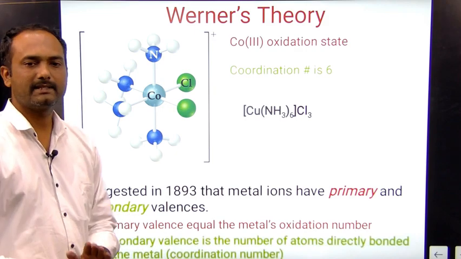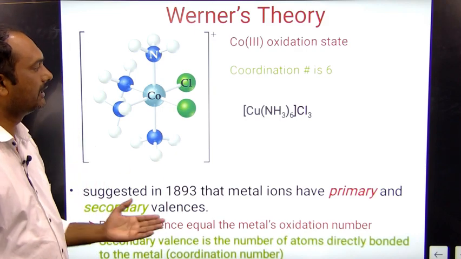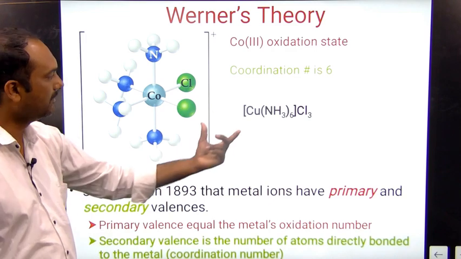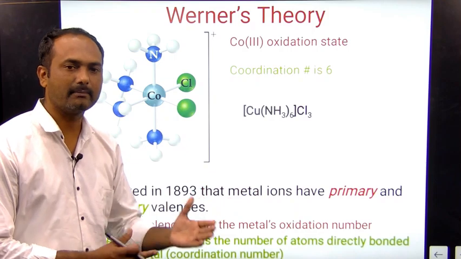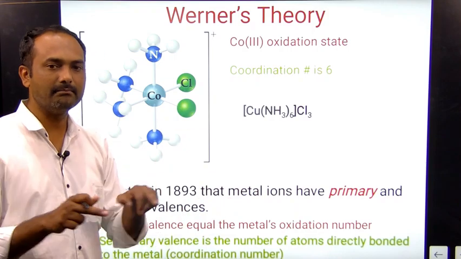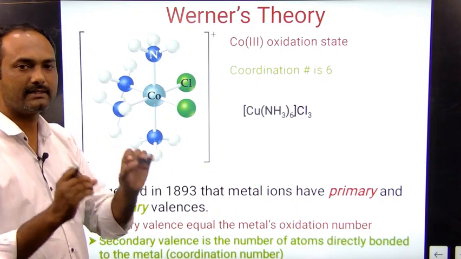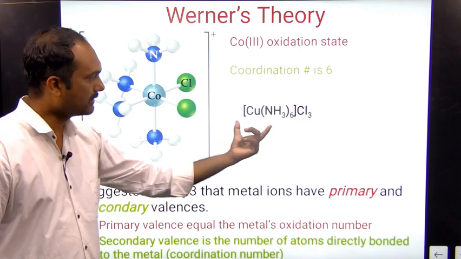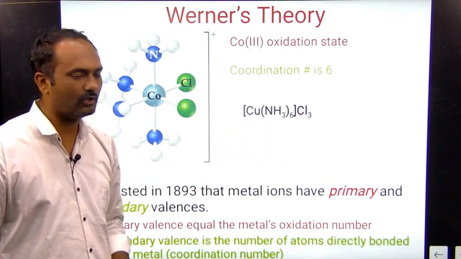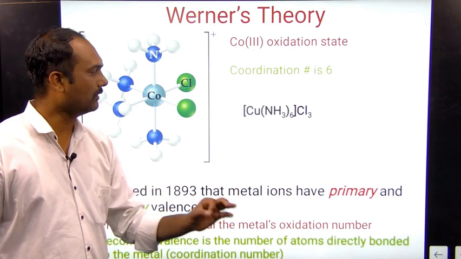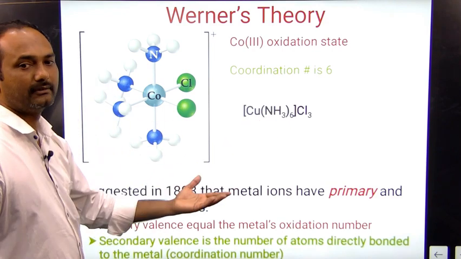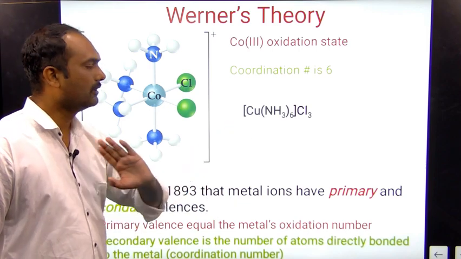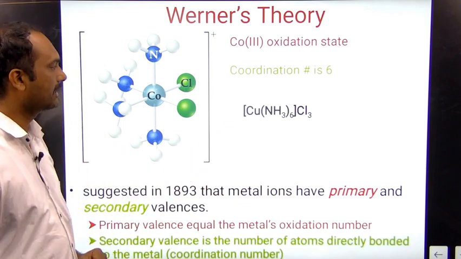So what do you mean by secondary valency? Secondary valency is nothing but the number of groups or atoms which are directly attached to the central metal atom. This number is called secondary valency. So here the secondary valency of copper is 6, because the 6 amine ligands are attached directly by coordinate bond to the copper central metal atom.